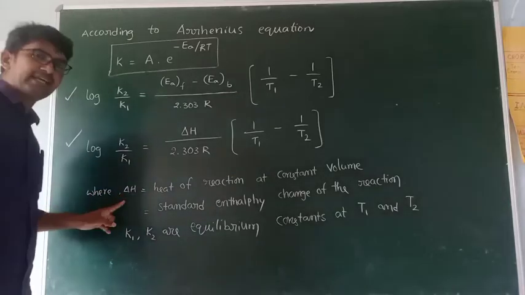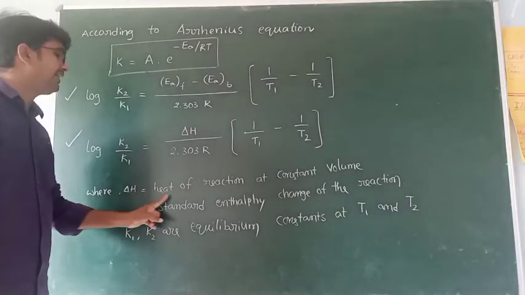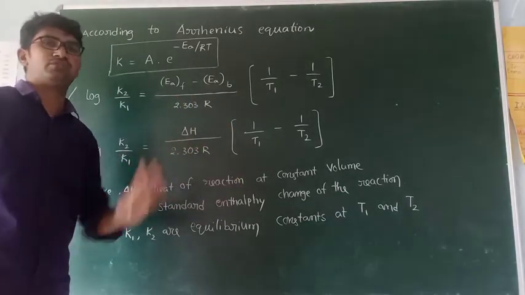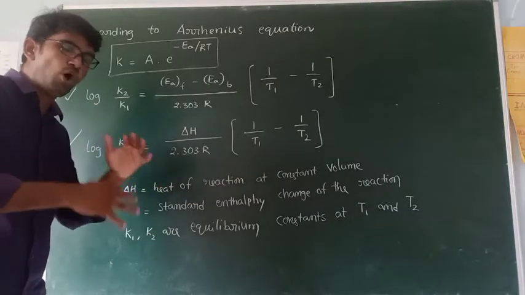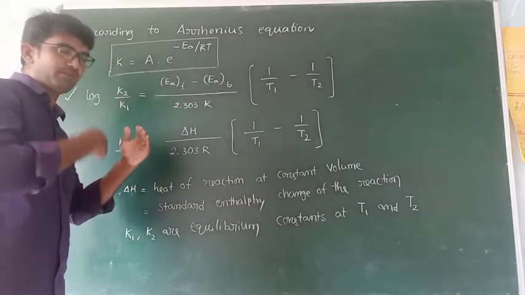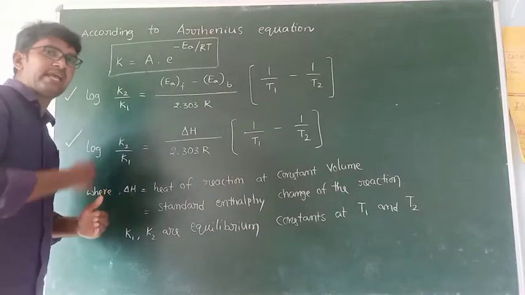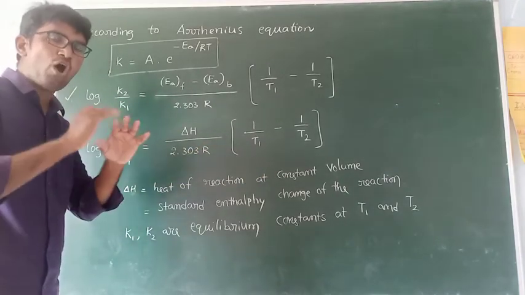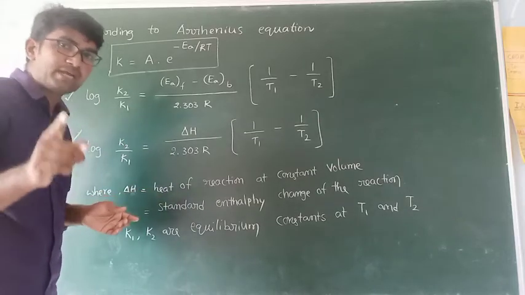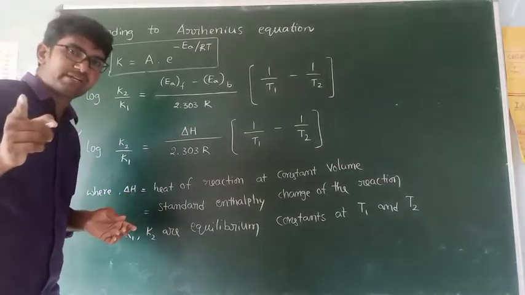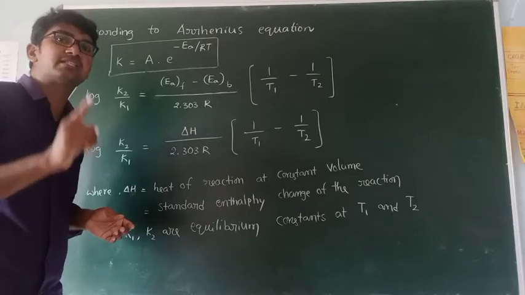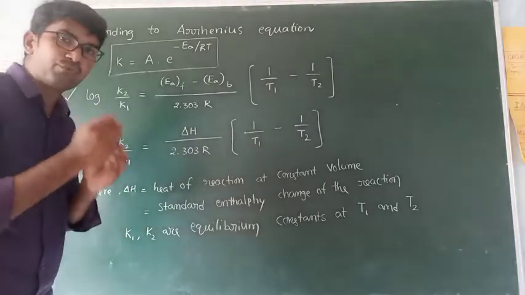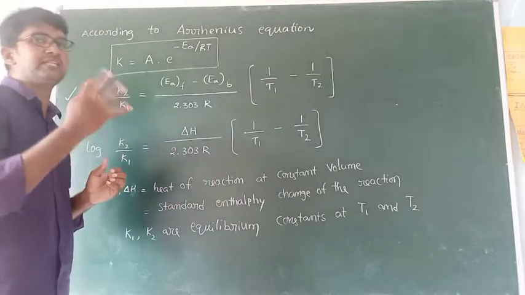Where, sir, what is delta H? Delta H means heat of reaction at constant volume. How much change do we observe in the forward reaction and in the backward reaction? Because for forward and backward reactions, activation energies are different, we have to calculate how much change there is.